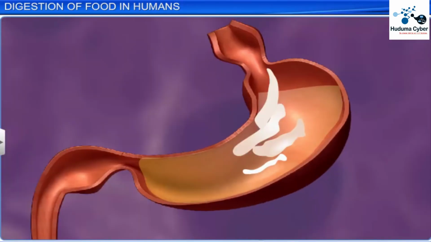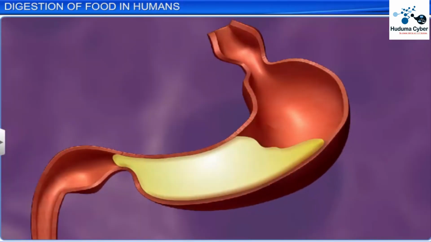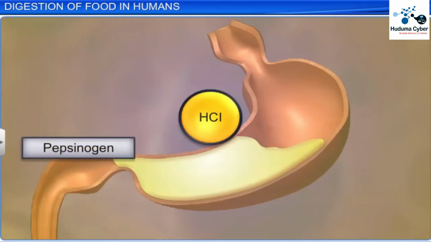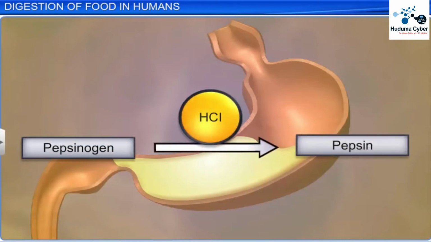The churning of the stomach walls mixes these gastric gland secretions with the bolus, forming a pulp-like substance called chyme. During the process of churning, a highly concentrated hydrochloric acid, secreted by the gastric glands, converts the proenzyme pepsinogen present in the chyme into an active proteolytic enzyme called pepsin.